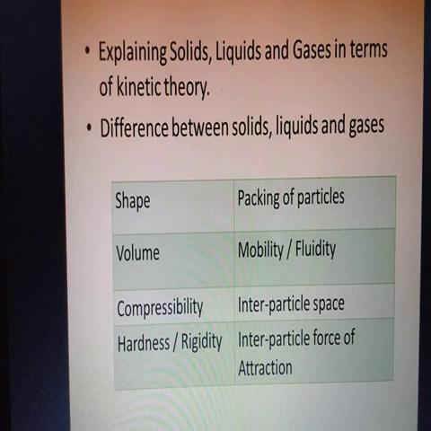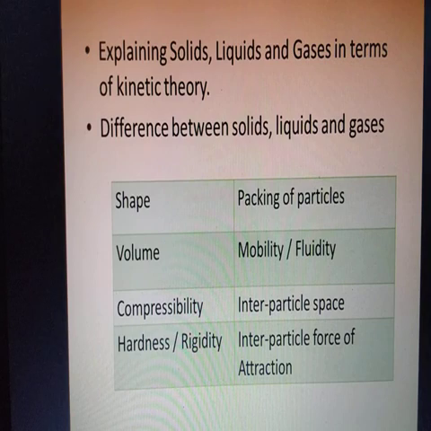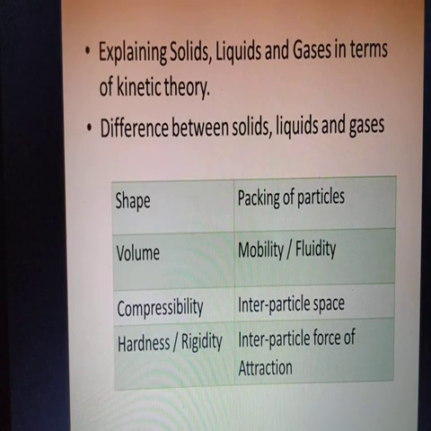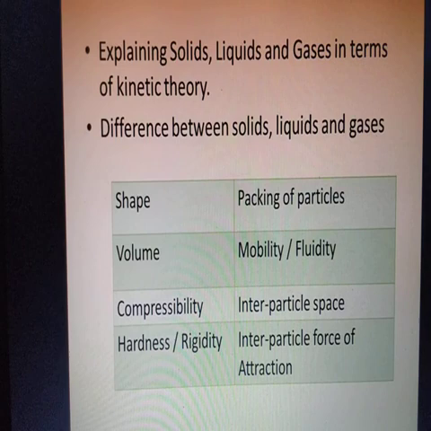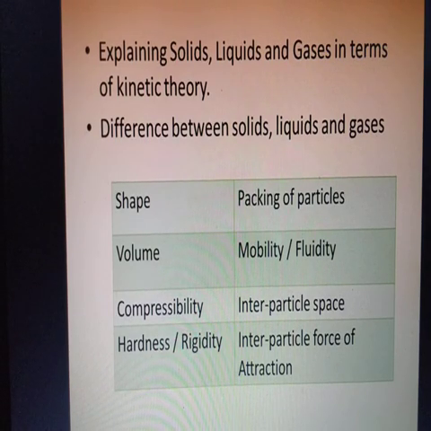Coming to gases. In gases, the interparticle space is maximum and interparticle force of attraction is minimum. Since the space is maximum, the interparticle force of attraction decreases.